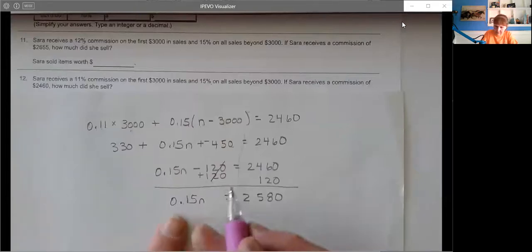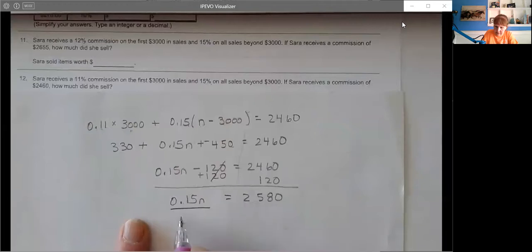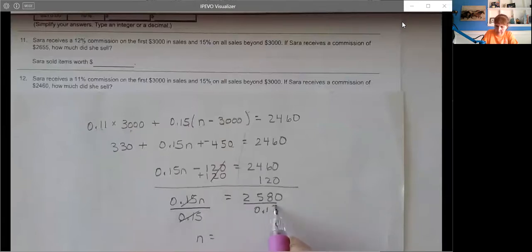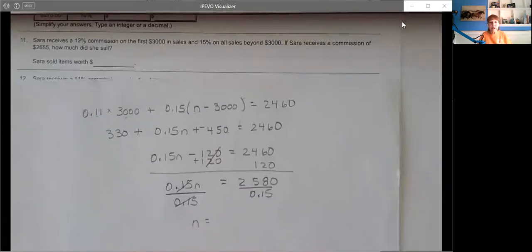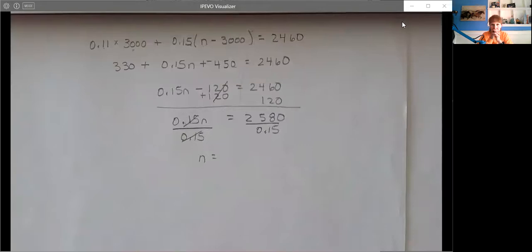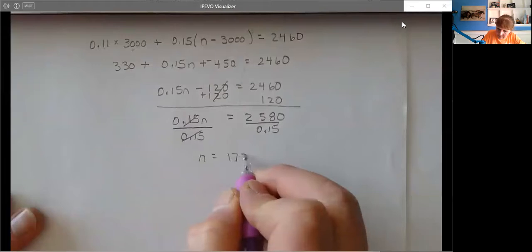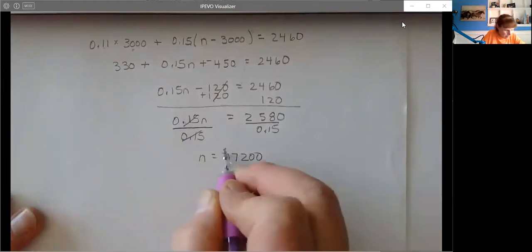And then we'll divide in order to leave the n and have a 1 in front of it. We divide by 0.15. Great review of solving equations. So 2580 divided by 0.15 is 17,200. So we're good there on that one.